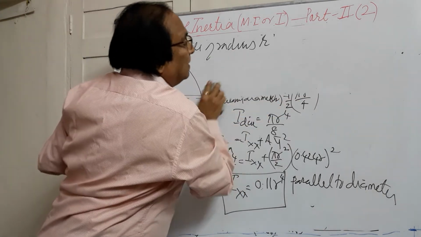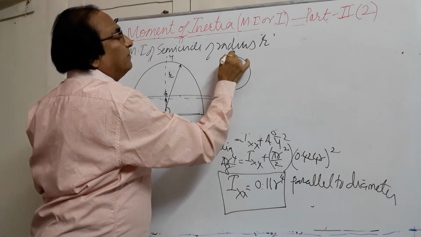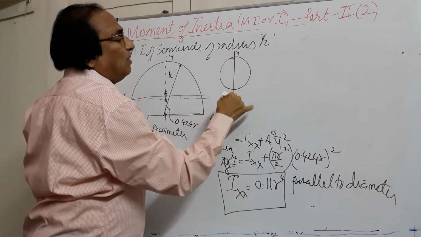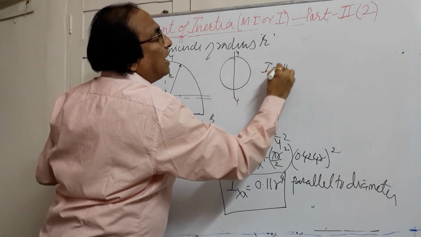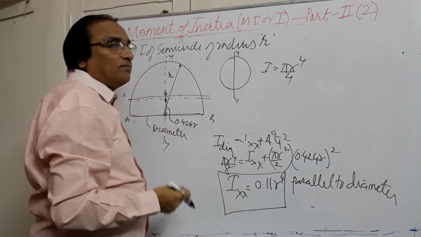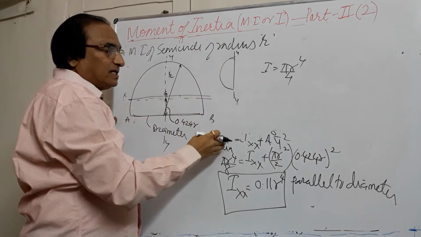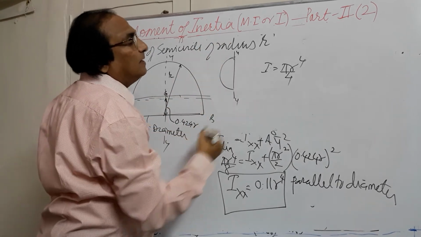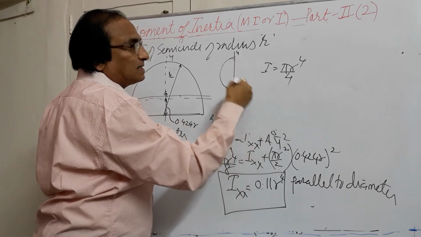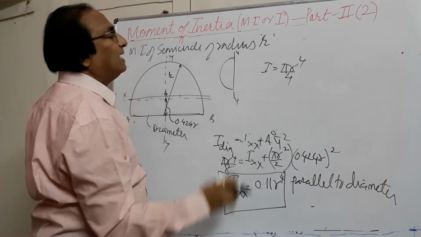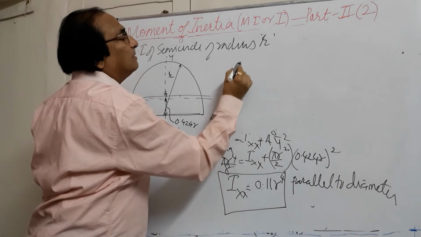Likewise, if you see the circle, if I cut it like this, the moment of inertia about y for the circle is I is equal to pi r raised to 4 divided by 4. If I cut the half part, here the y-axis and the diameter are coinciding, and you get the moment of inertia of this semicircle in the y direction. Let me repeat.